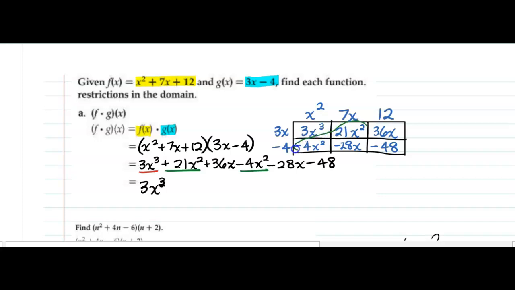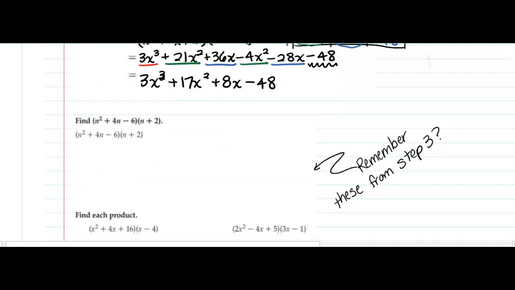And right here from the box, those two combine to give me 17x squared. I'm going to combine anything that has an x term. These combine together to give me 8x. And then finally, I've got a constant over here, negative 48, for my final answer.